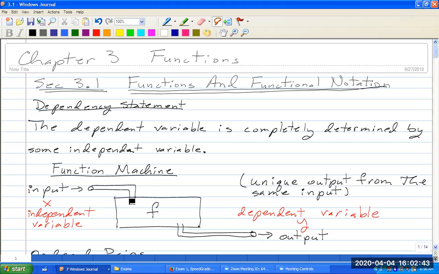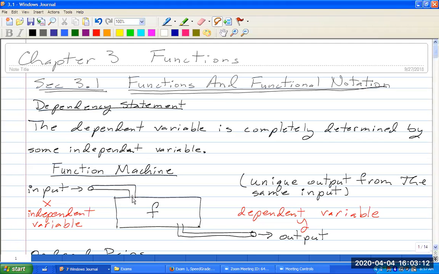And if you select some input, B2 or something, then you expect that once you select this input, your output will always be the same. You get your candy bar, your favorite candy bar. You don't want that once you select it, you get something different. You get coal or something. You expect that if you select B2, you get this candy bar.